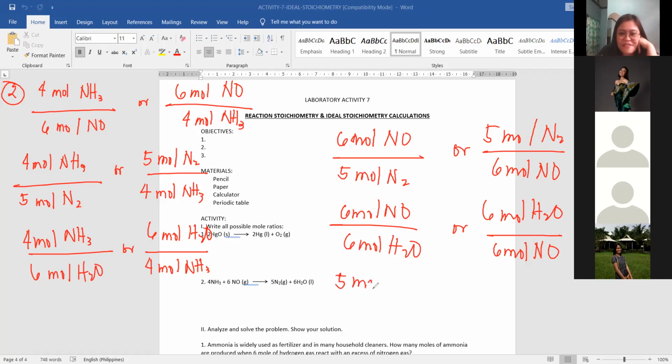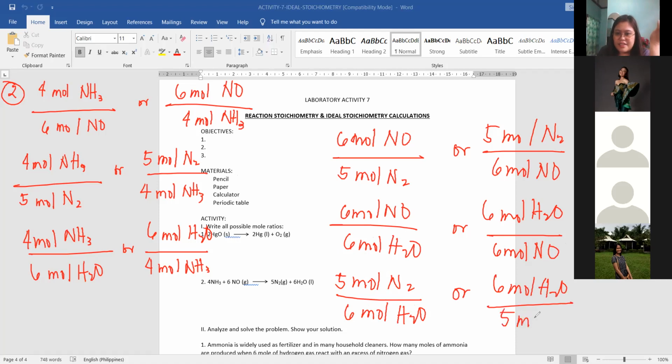So if 5 moles of nitrogen will be produced in the reaction, this means you also have 6 moles of water produced, or the reverse of that. Okay? So this time, are we done with all the possible ratios for number 2? Is it complete? Did you get the same answer?